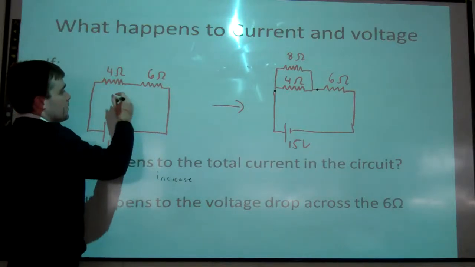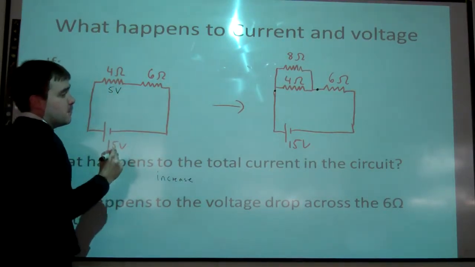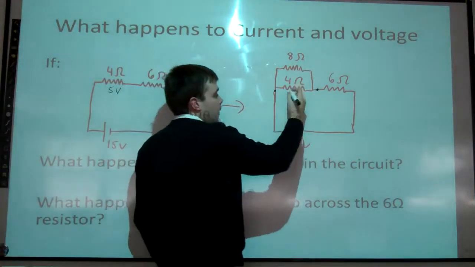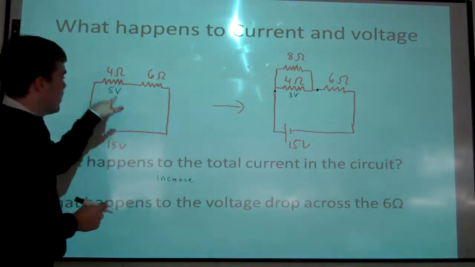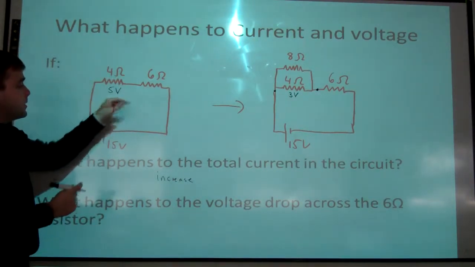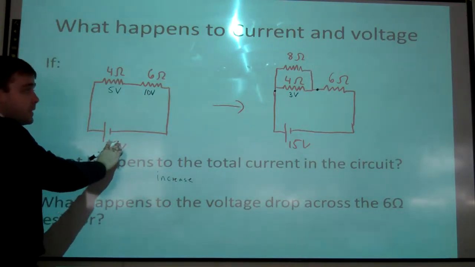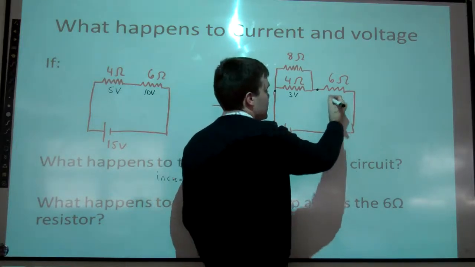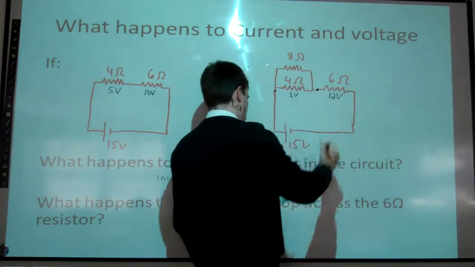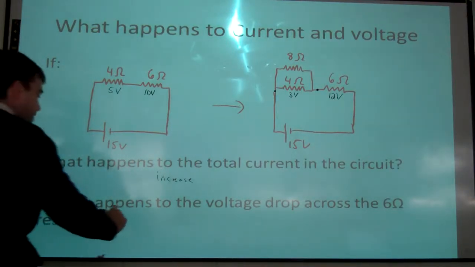Let's say it dropped 5 volts there before. Now with this other path, it may go down to 3 volts. If it dropped 5 here before, this one had to be 10 volts to make sure it added up to 15. But now if it's only dropping 3 volts, this one now has to be 12 volts. So the voltage drop across the 6 ohm resistor has increased as well.